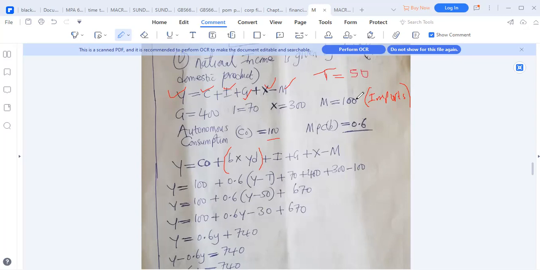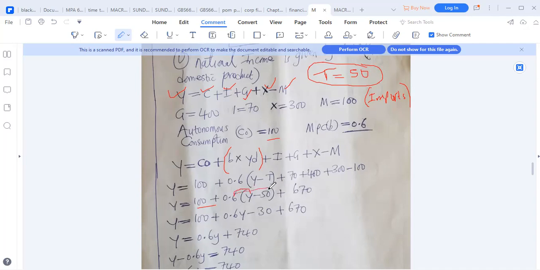So please take note of anything else that has been given. Then we substitute there. Our imports is 100. So 0.6 by Y is 0.6Y.